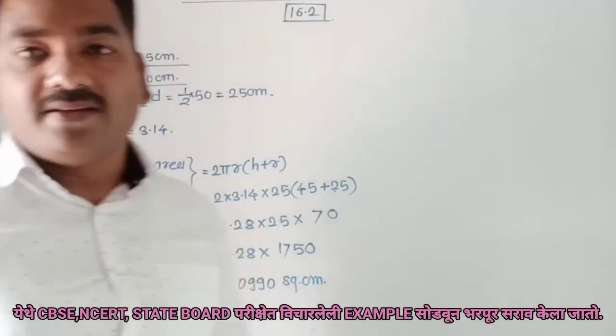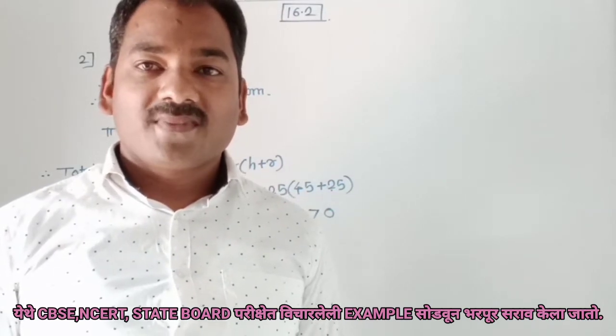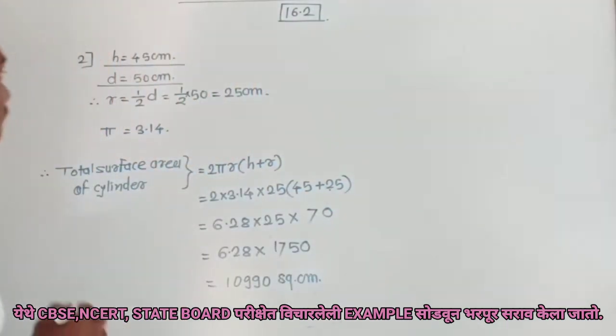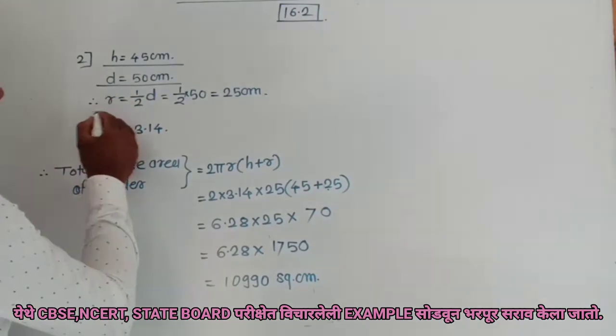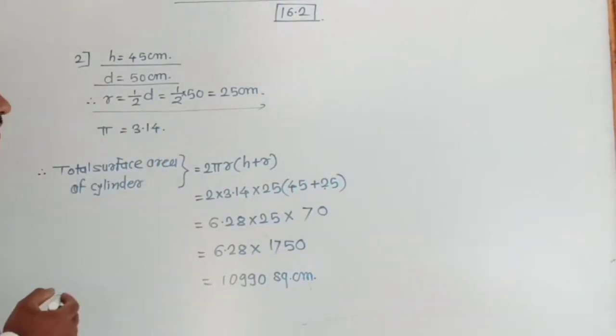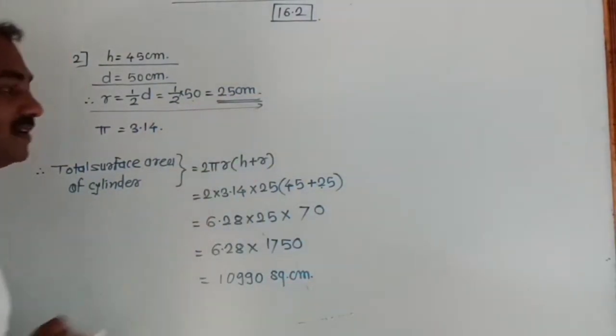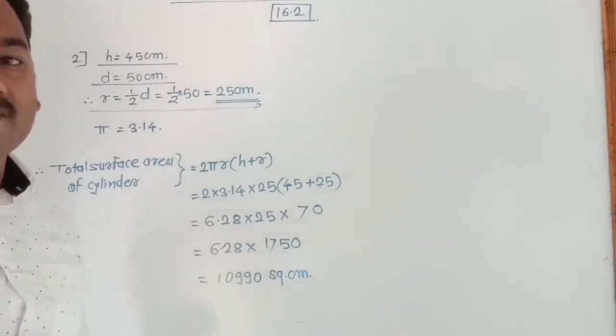So we have to find the total surface area of that cylindrical drum. Very first in the question, from the diameter we have to find the radius. We know the radius is half of the diameter. So half of 50, that is 25 centimeter, is the radius.